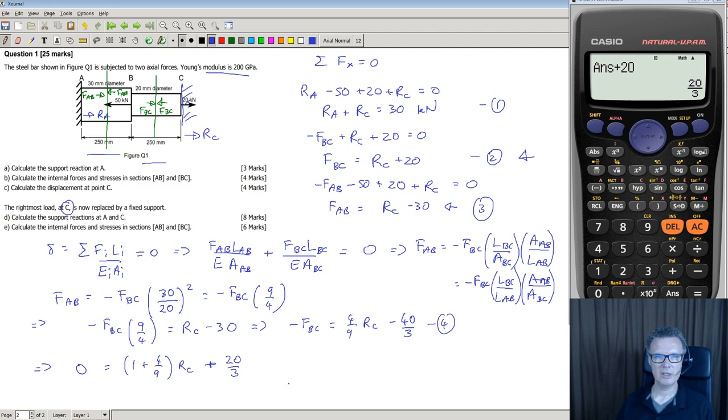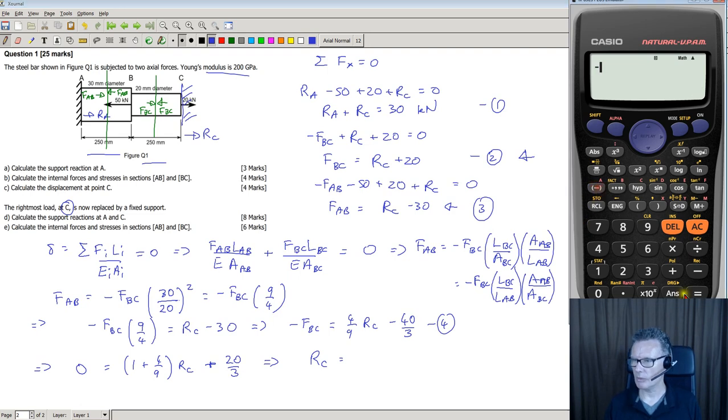So RC will be minus, divided by, don't bother with the fraction, 4 over 9. Let the calculator work it out.